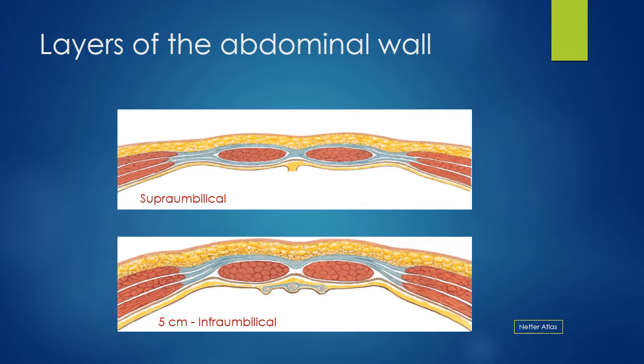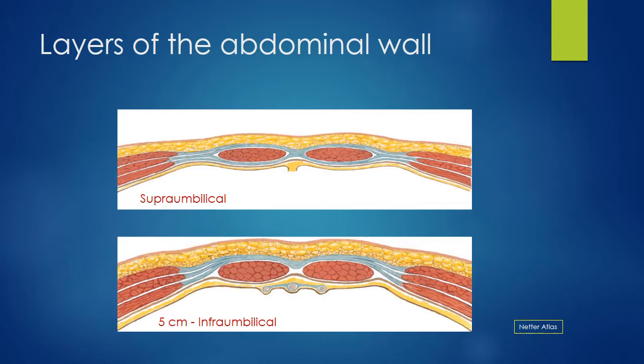In the supraumbilical area and immediately inferior to the umbilicus, the three lateral layers, as we call them, the external oblique, the internal oblique, and the transversus abdominis, form the lateral part, and when they approach the rectus abdominis muscle, the external oblique aponeurosis goes in front of the rectus abdominis.